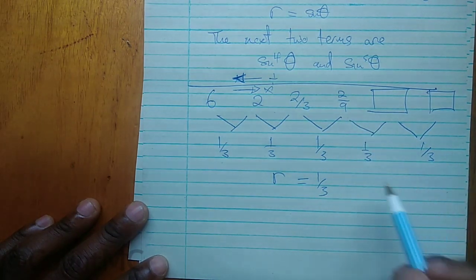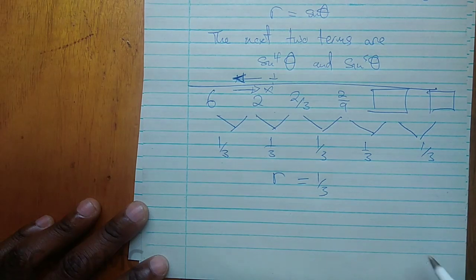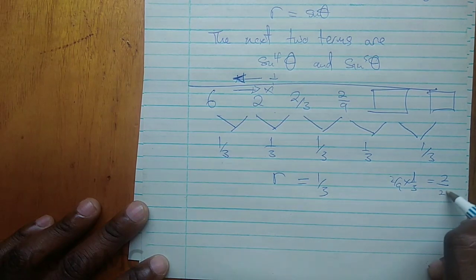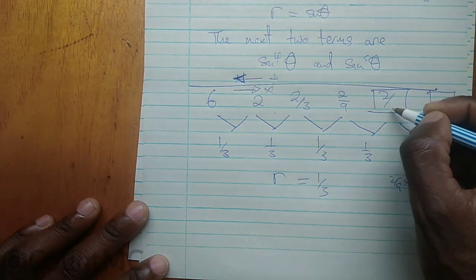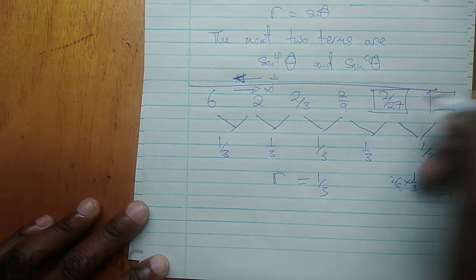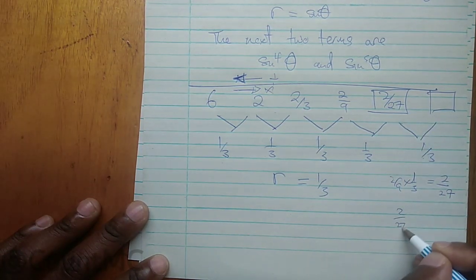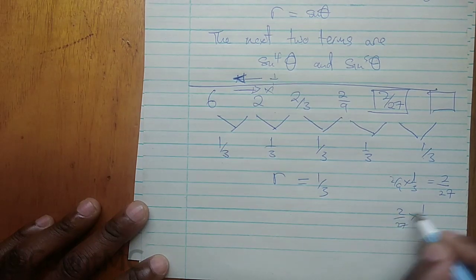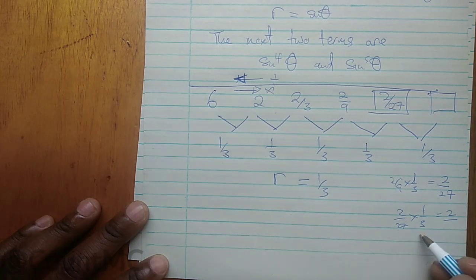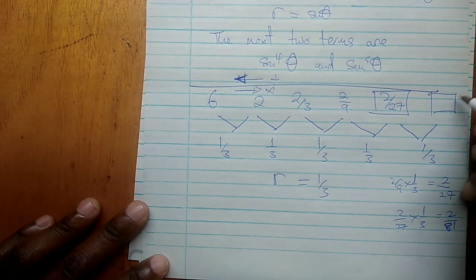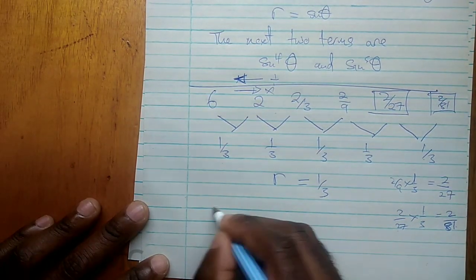So 2/9 times a third, that will be 2/27. Okay, and next 2/27 times a third, 1 times 2, 2 times 1, that's a 2. 27 times 3, that's an 81. You cannot reduce this, so it's 2/81.